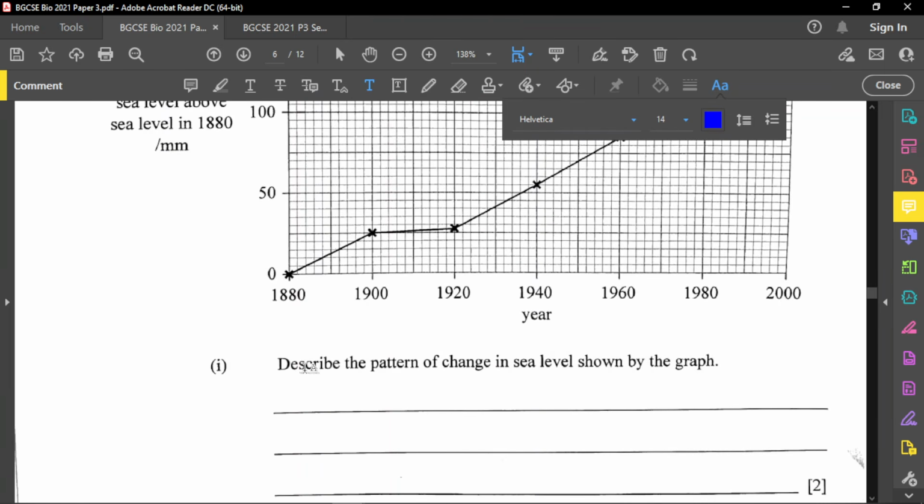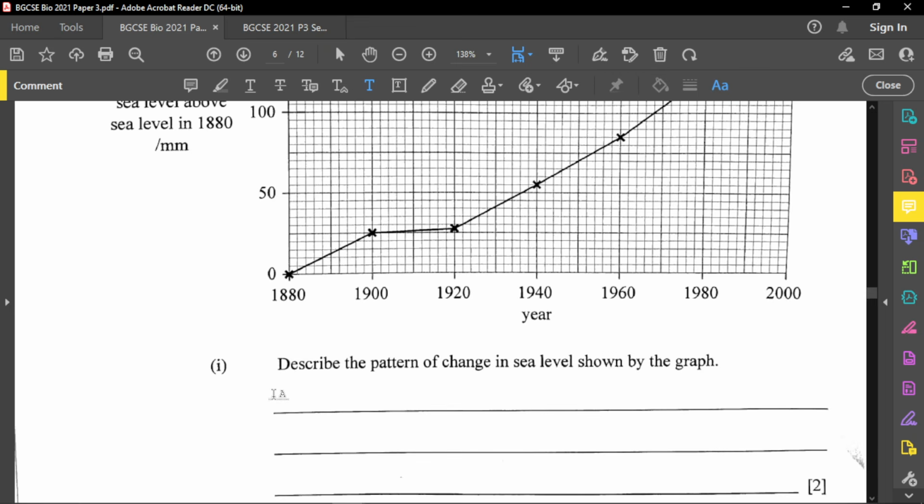Here it asks us to describe the pattern of change in sea level shown on the graph for 2 marks. For 2 marks, you generally can't just say the sea level increased. You have to look for something else to give that extra mark. So I'm going to break this down into pieces to give you more marks.